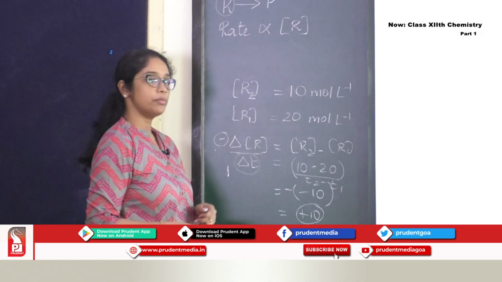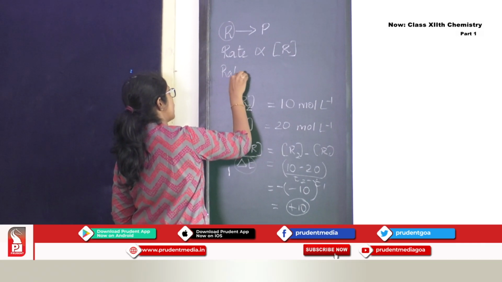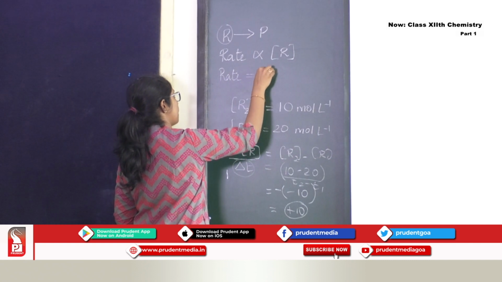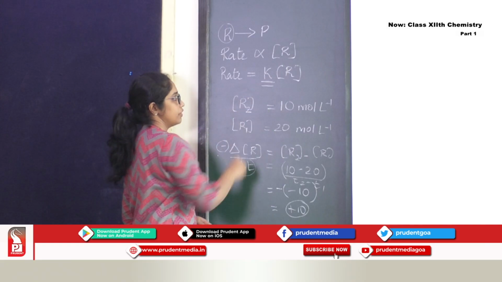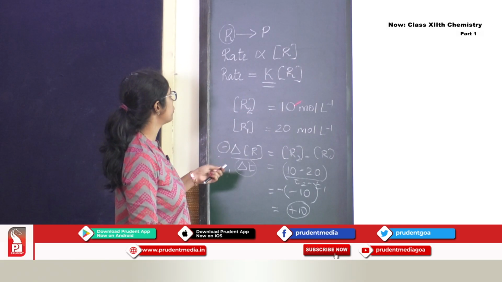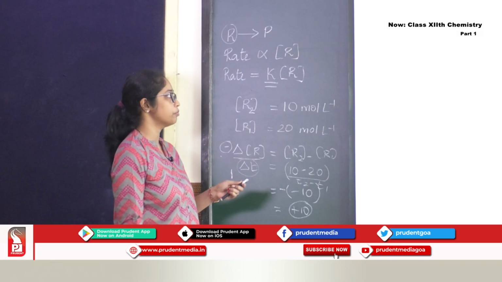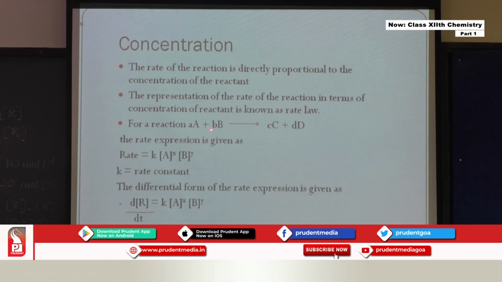And when rate is directly proportional to the concentration of the reactant, we remove the proportionality sign and we put a constant. This constant here is known as the rate constant. Okay, so I have shown you for a reactant giving you product, but here in this example you can see that the reactants are A and B, and the rate is given as K into A raised to X and B raised to Y.